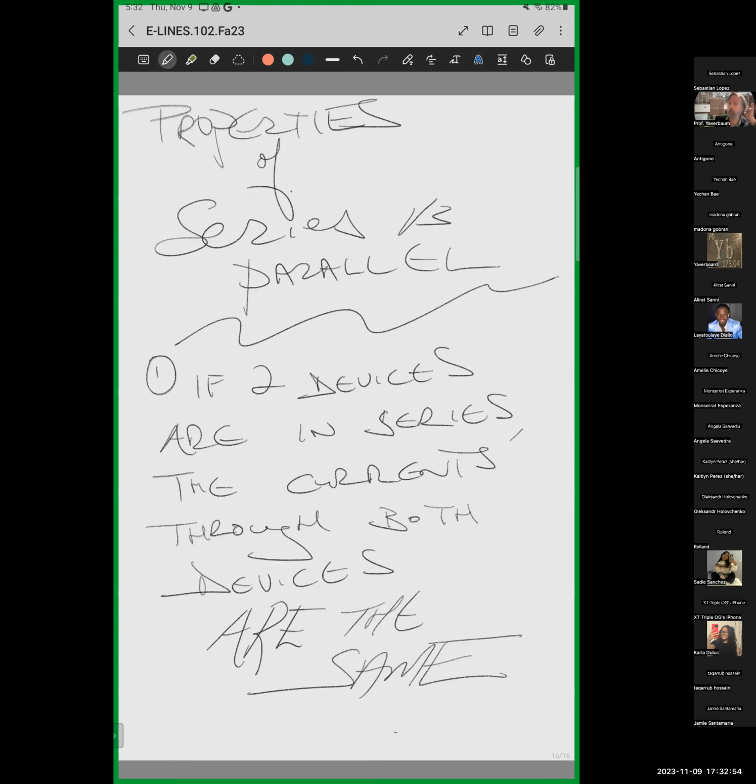Well, I'll just read this out loud. If two devices are in series, if two light bulbs are in series, then if you measure current through one of the light bulbs and you measure current through the other light bulb, the answer you get for current has to be the same for both light bulbs if they're truly in series.